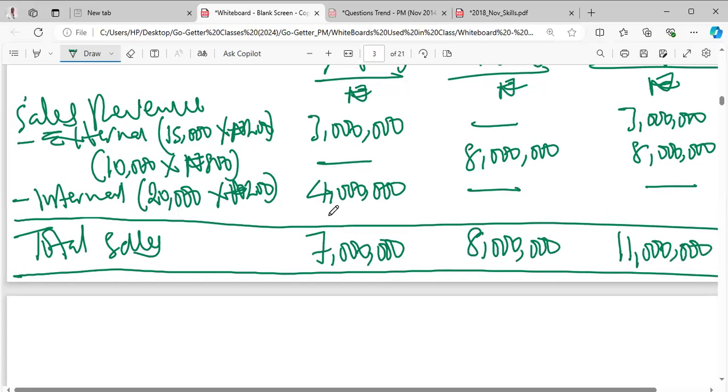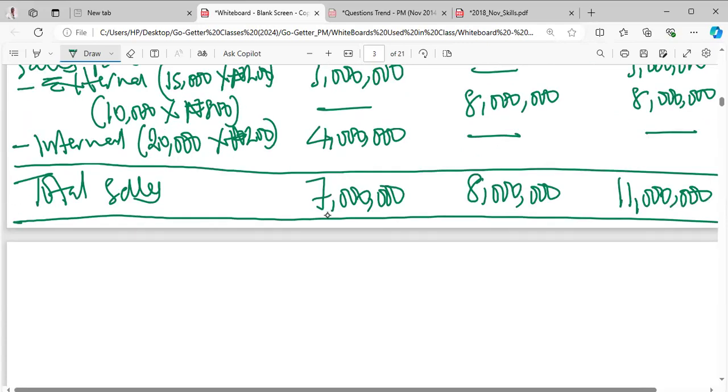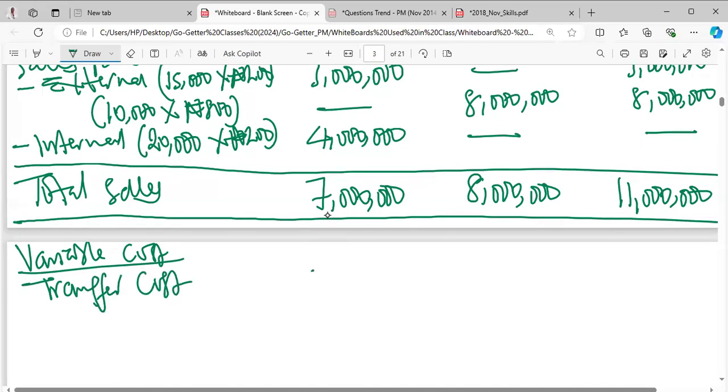That's fine. Let's say variable costs. We have transfer costs. That's going to be dash. This 4 million is being transferred here. This is dash.